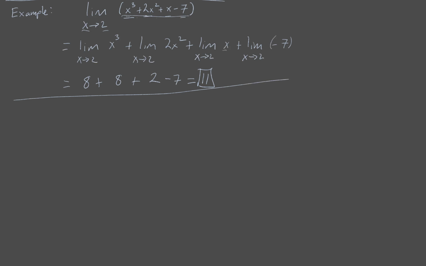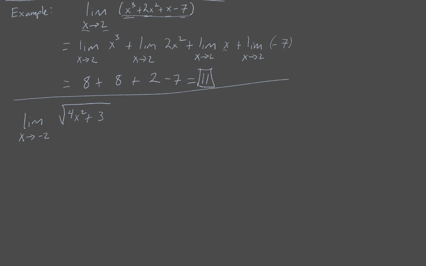Let's see one more example. Let's do the limit as x goes to negative 2, and we're going to take the function being the square root of 4x squared plus 3.